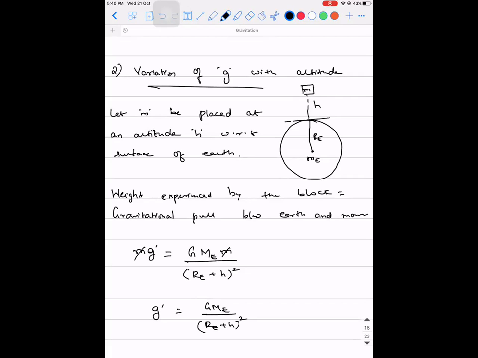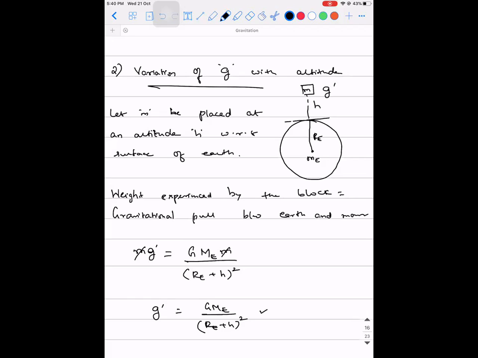So what is g dash? That is the acceleration due to gravity at some height. So here, acceleration due to gravity is g dash. It is no more g. It is no more 9.8. As you move away from the surface of Earth, it keeps changing.